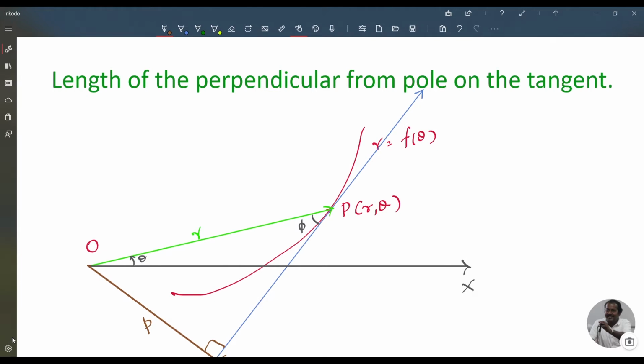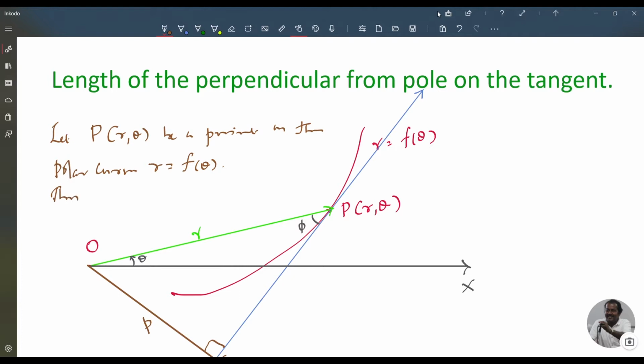Let P (r, theta) be a point on the polar curve r equal to f of theta. Then OP equal to r, where O is the pole.